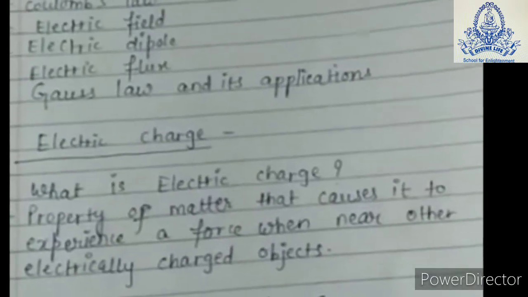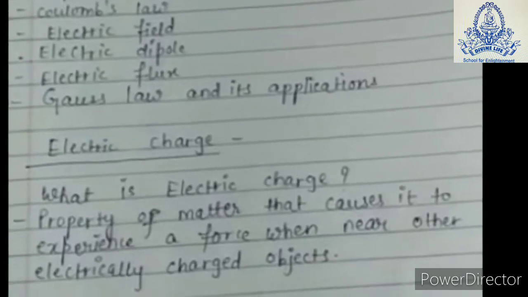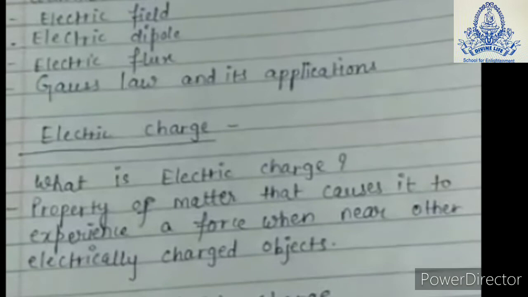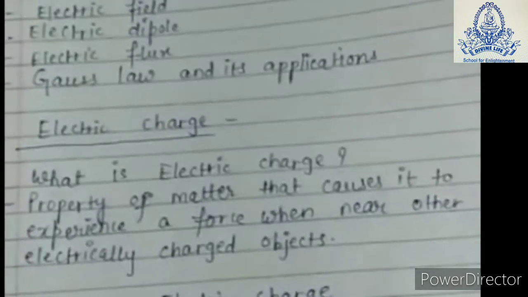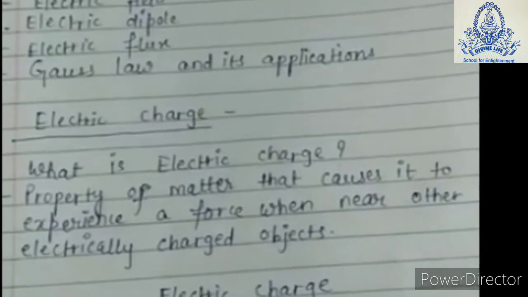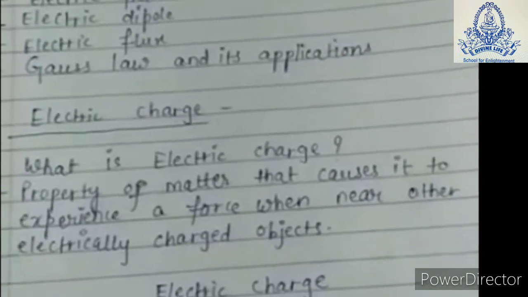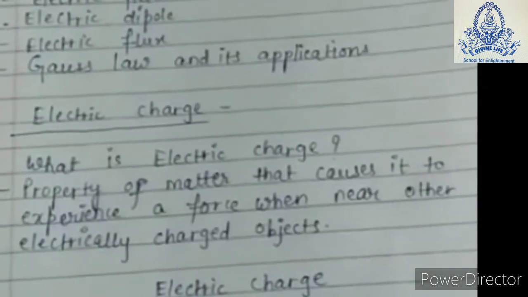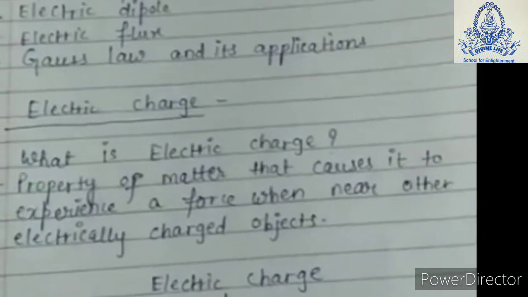Actually, long back, when the concept of electric charge was discovered, it was found experimentally that two kinds of charges exist. Conventionally, they were named positive charge and negative charge.